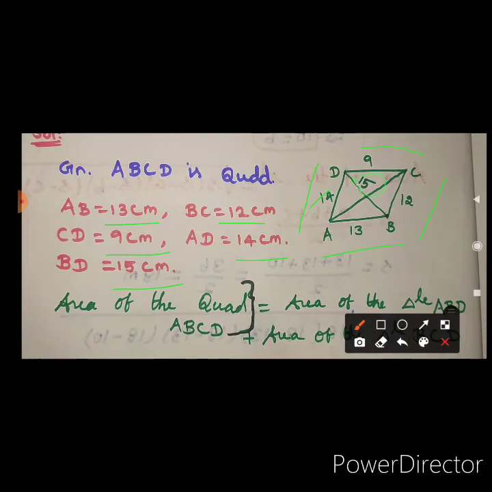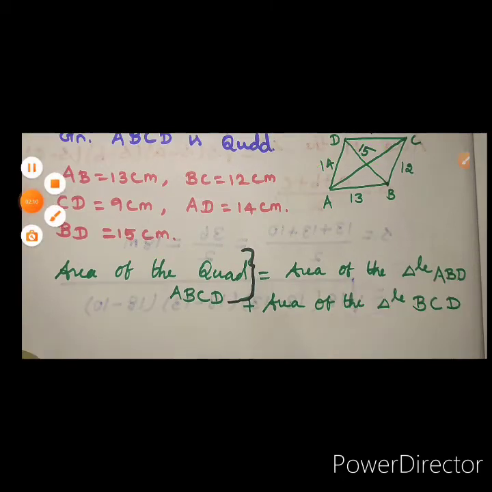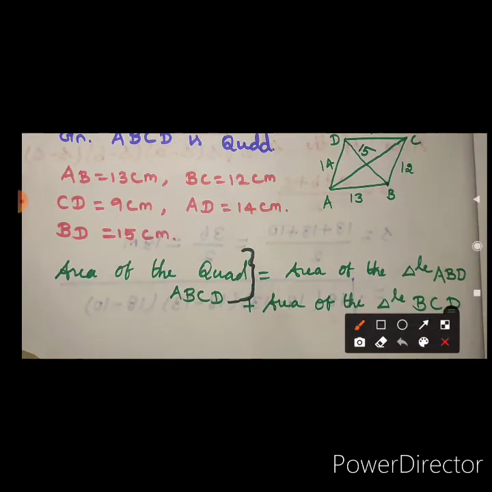So now we have to find out area of the quadrilateral. Area of the quadrilateral means area of the triangle ABD and area of the triangle BCD. So we are splitting into two triangles.